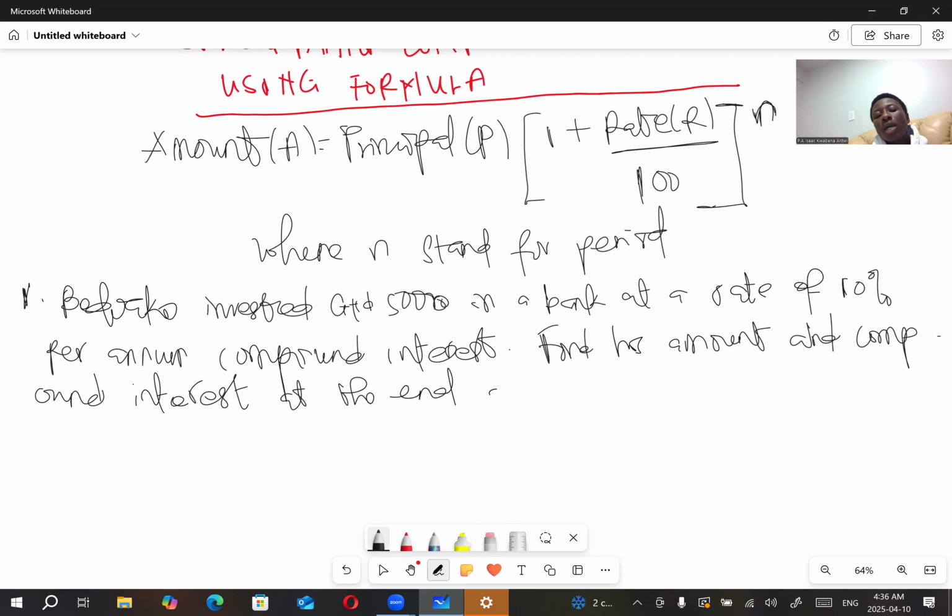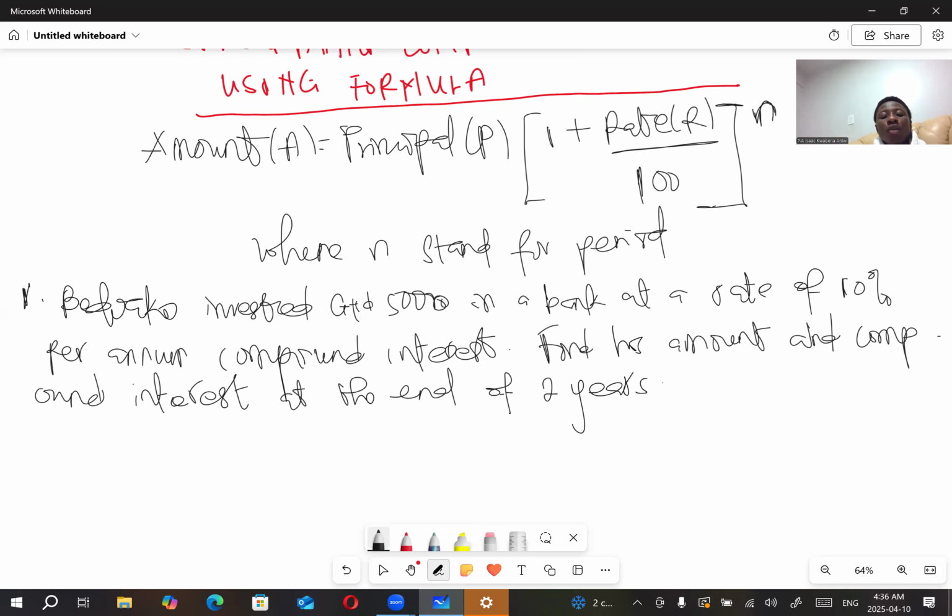So that question too, I told you if he decides to save with the bank for, was it 2 years? Perfect. Yes, 2 years. Okay, so at the end of 2 years.